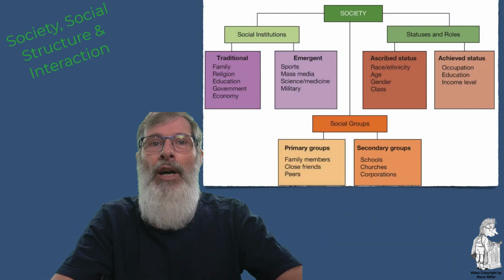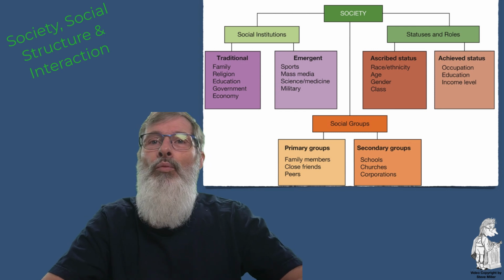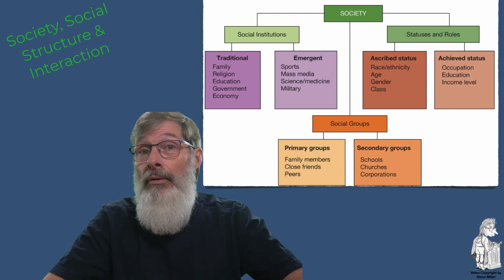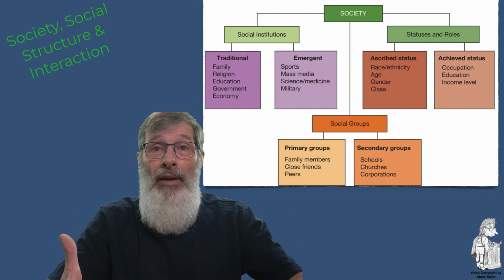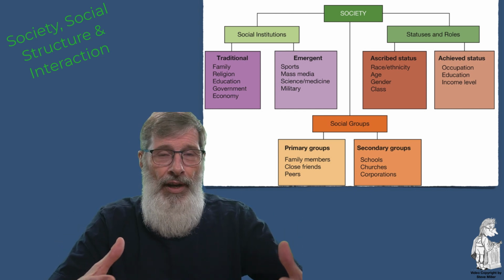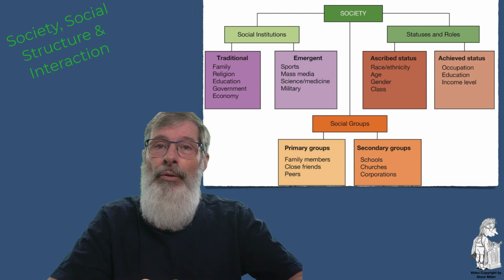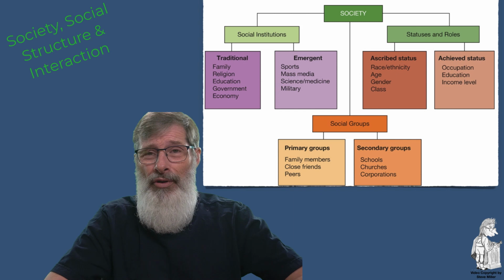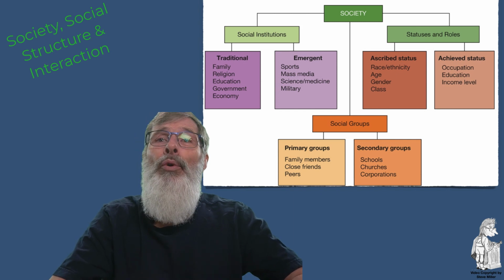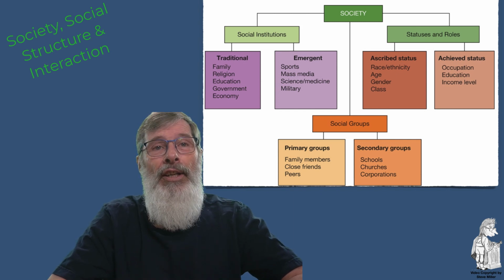Social structure provides the framework within which we interact with others. Now, at a macro level, remember this is the big picture level looking at all elements of society, social structure is the stable pattern of social relationships that exist within a particular group or a particular society.